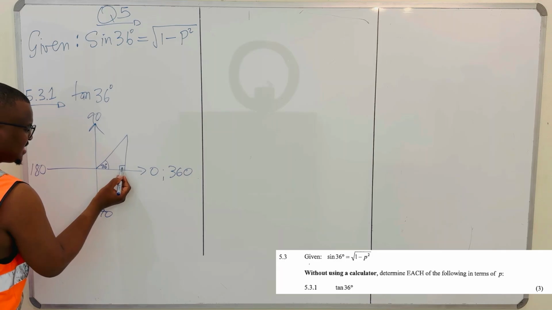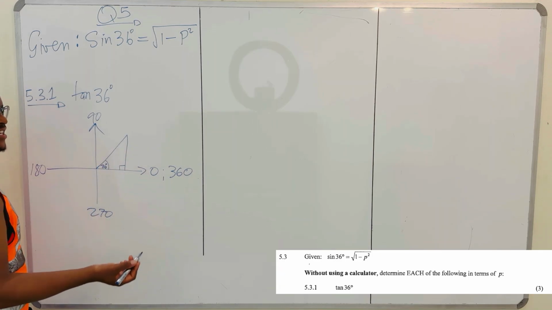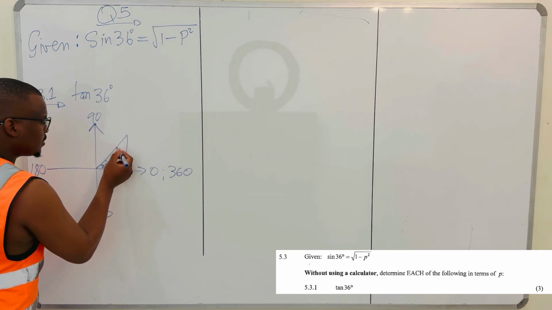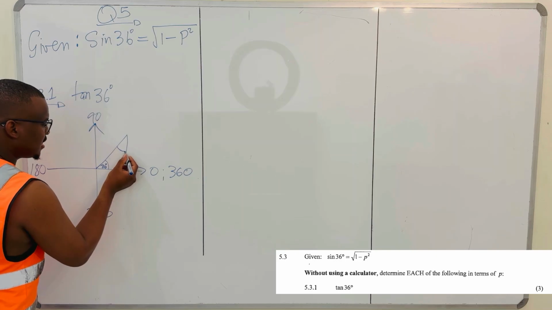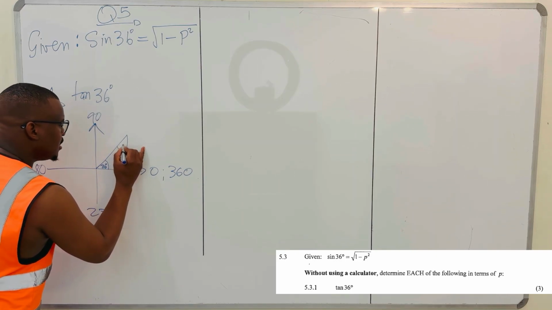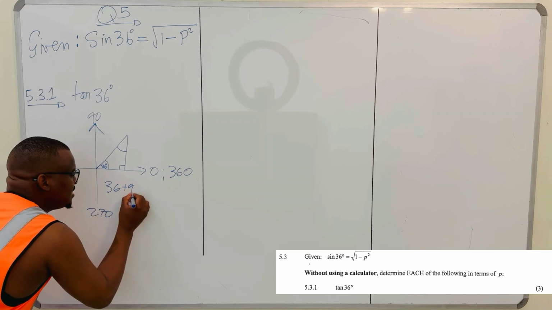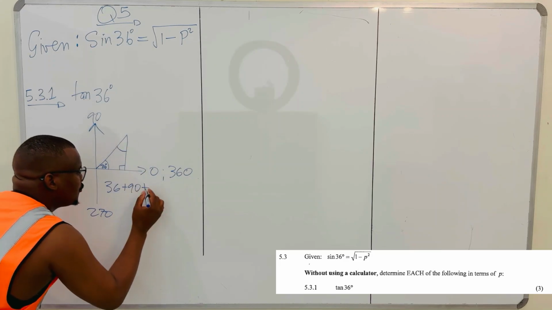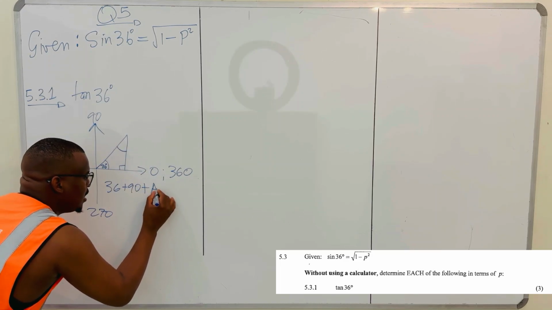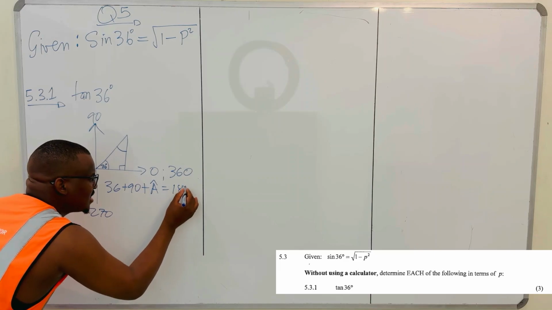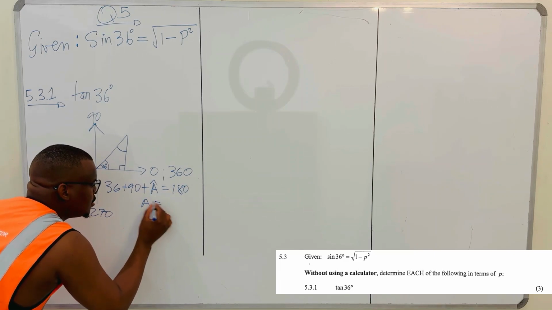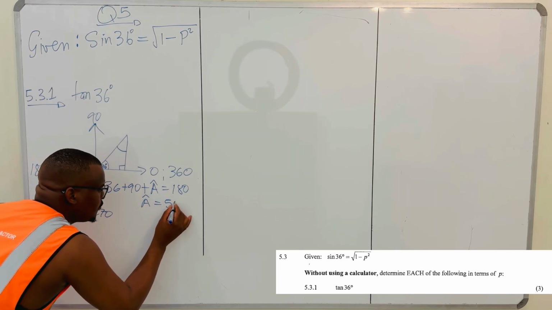And this is 90. You know that the angles in a triangle add up to 180 degrees. So for this angle up here, you say, okay, 36 plus 90 degrees plus the unknown angle A is equal to 180 degrees. If you solve for A, you find that A is equal to 54 degrees.